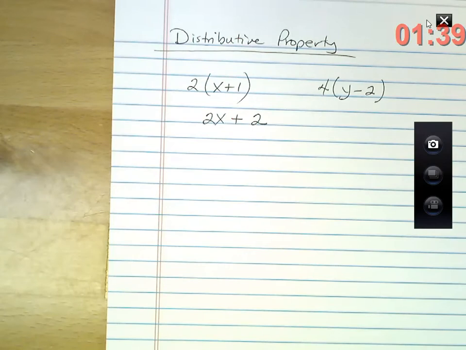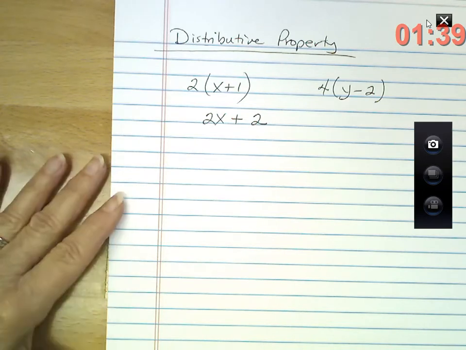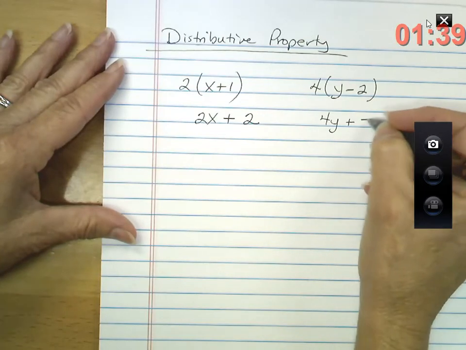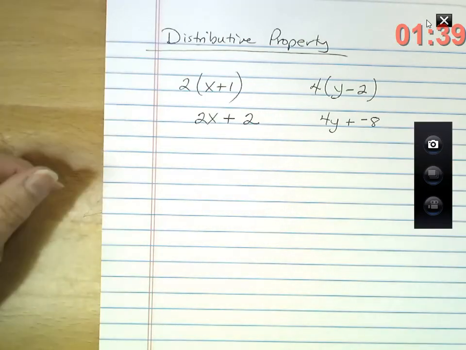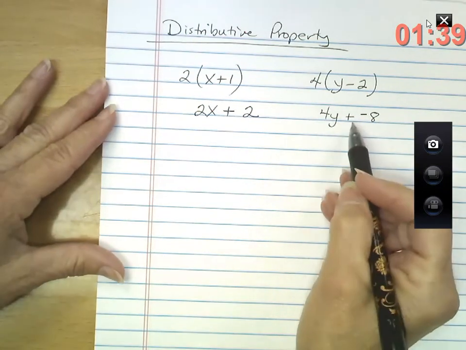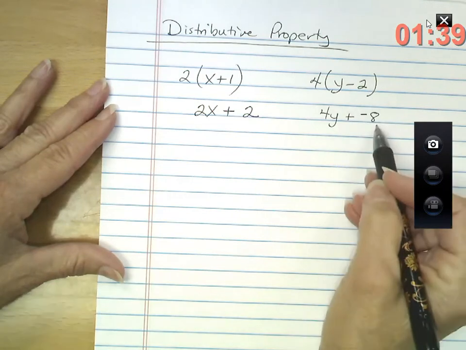Okay, if you have one over here, 4 times y minus 2, use the distributive property and get an answer, and then we'll check it. 4 times y is 4y, plus 4 times negative 2 is negative 8.